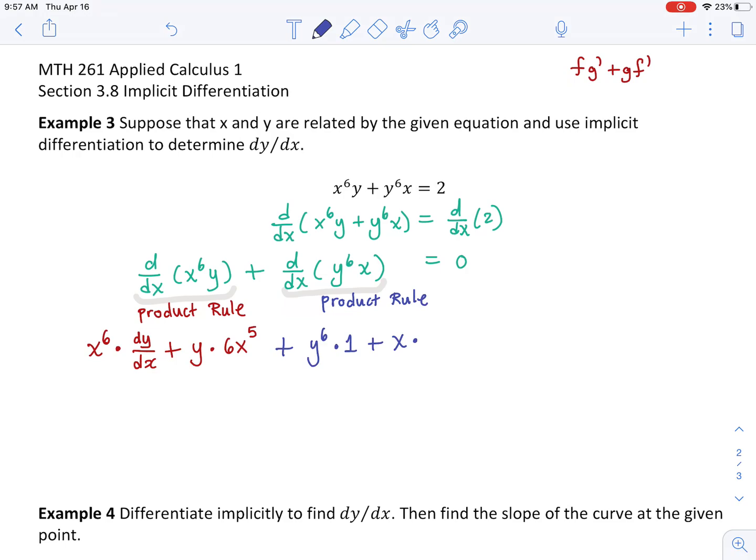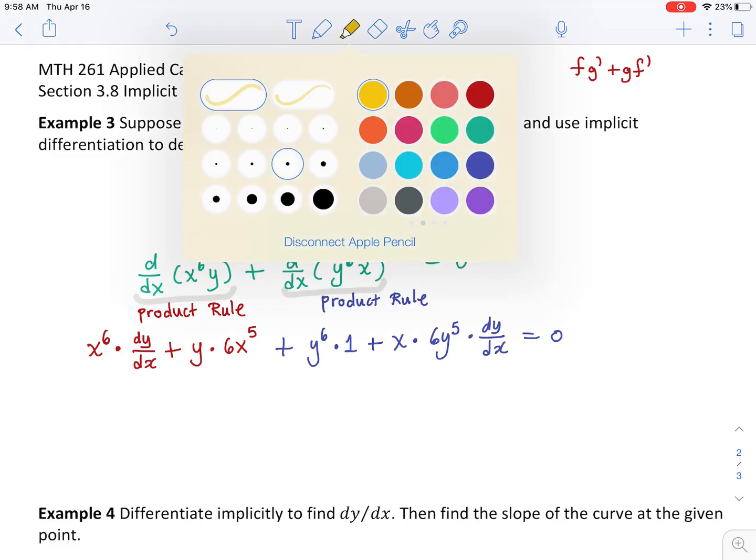Now, f is y to the 6th power. So if you take the derivative of that with respect to x, that's going to be not only 6y to the 5th power, but what do you have to multiply to that? dy/dx, using the chain rule. And now all that equals what number? 0.